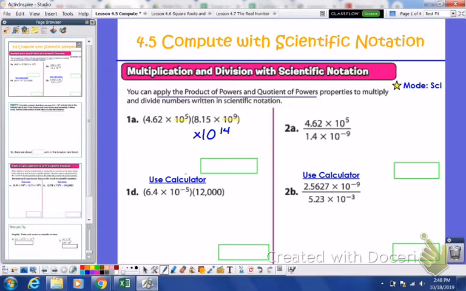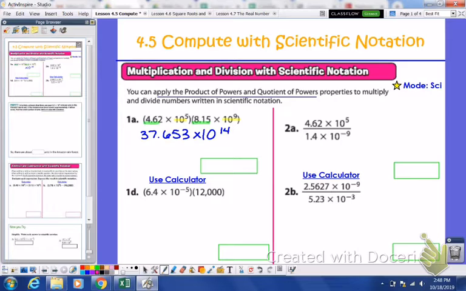Then we want to take our factors, so 4.62 and 8.15, and we want to actually multiply those. So if we did 4.62 times 8.15, we would get 37.653 times 10 to the 14th.